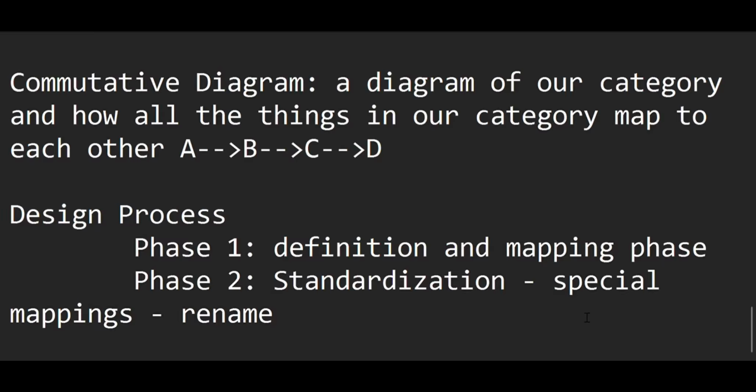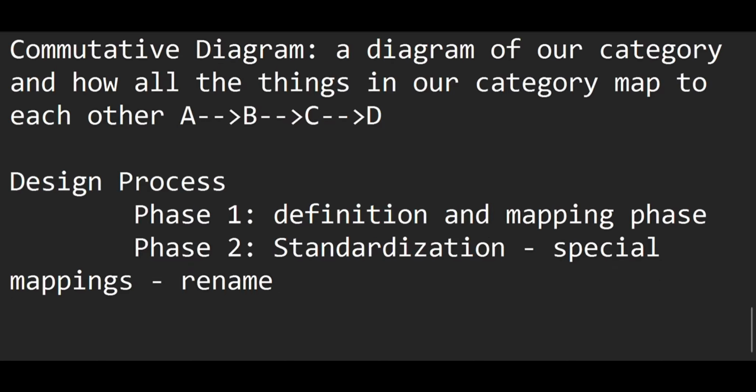And the last phase, which we're not going to cover in this particular series of category theory, I propose phase 3, which is proof. So in category theory, sometimes when you're relating one object to another, or when you're morphing one object to another, you might have gain or loss of information.